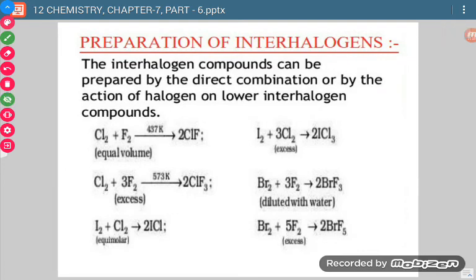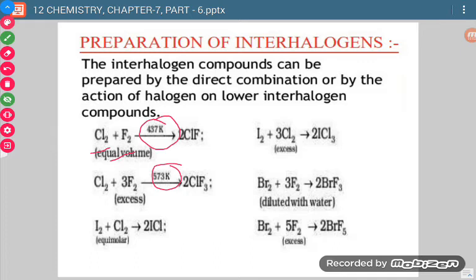Now how can we prepare interhalogens? This is very simple. We just take the required halogens, but temperature and pressure should be known to us. At a particular temperature they will form that particular combination.